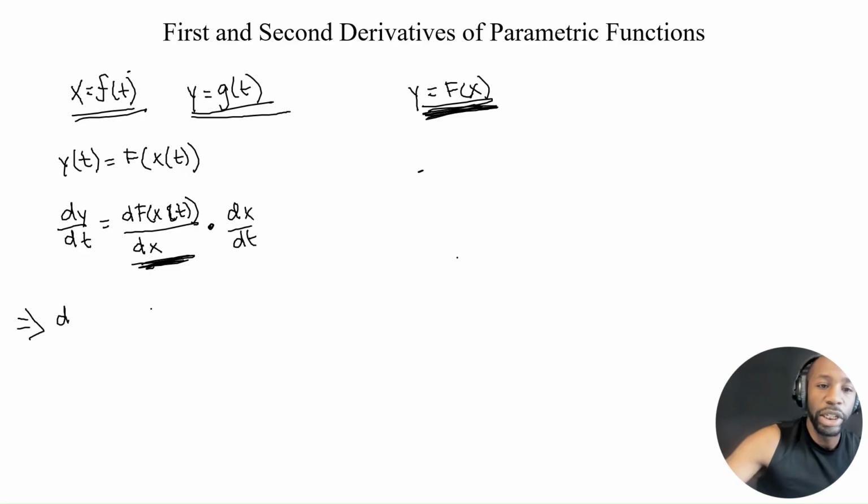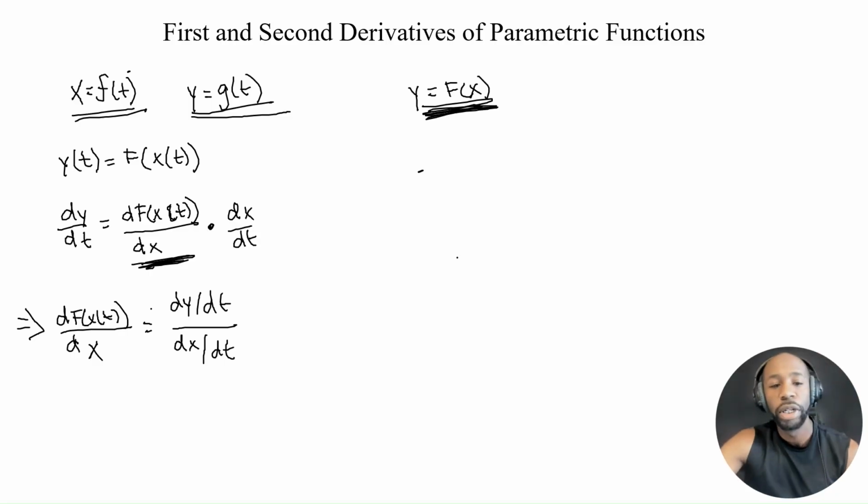So d f of x of t over dx, I'm sorry about that, is going to be equal to dy dt over dx dt.